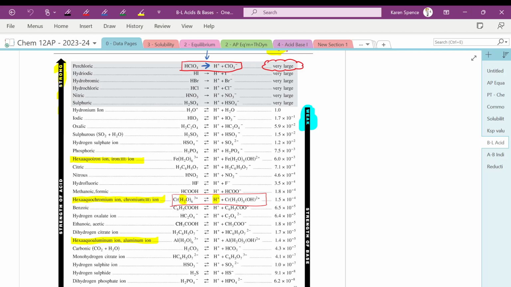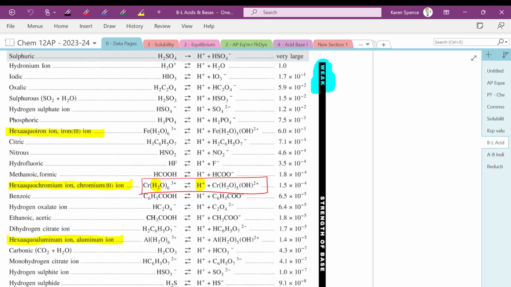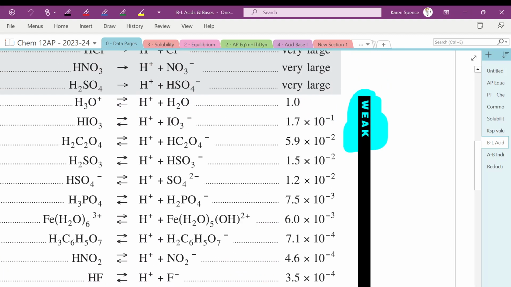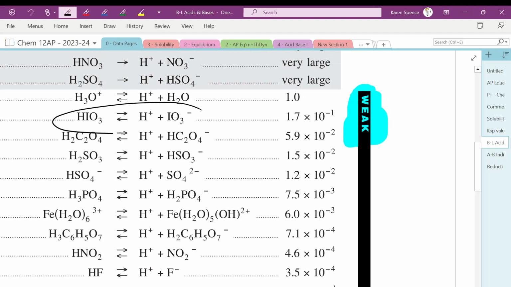If you had an approximately equimolar mixture of, let's just say, HIO3 and IO3 minus, 1.0 molar of that and 1.0 molar of the other one, at approximately what pH would we be buffering?